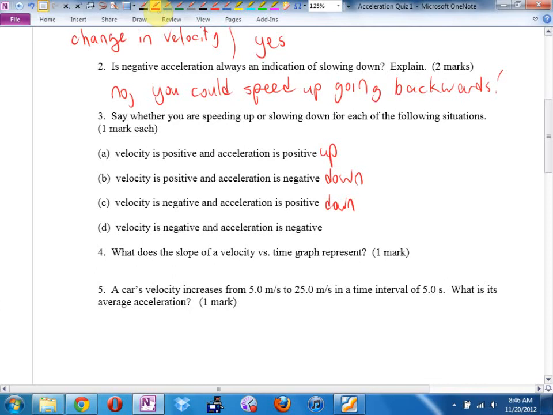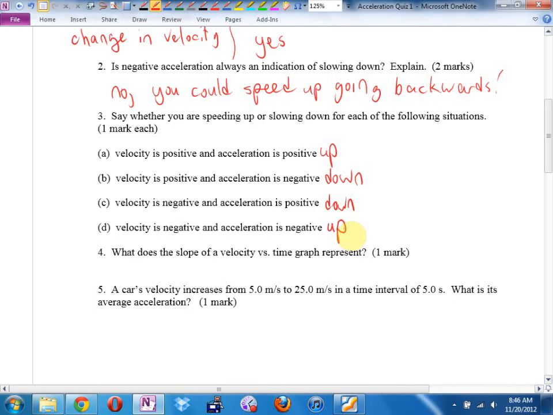What you got? Okay. I'll take that. Now, Michael might argue that because you're getting more negative, that technically means the numbers are getting smaller on the number line in math. And if you wrote slowing down and you had that explanation, I'll take that too.